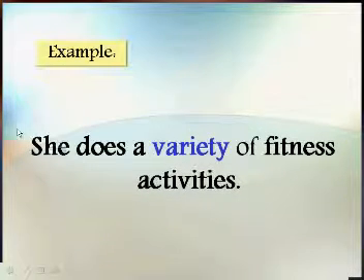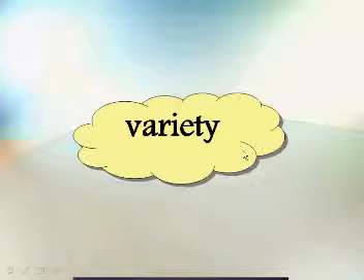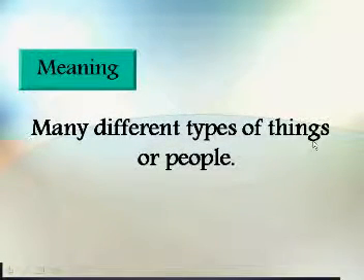Another example, she does a variety of fitness activities. See the word activities here, the plural form, IES at the end, okay? So let's go back to our word, variety. Variety means many different types of things or people.